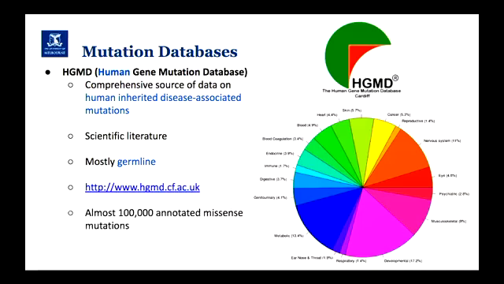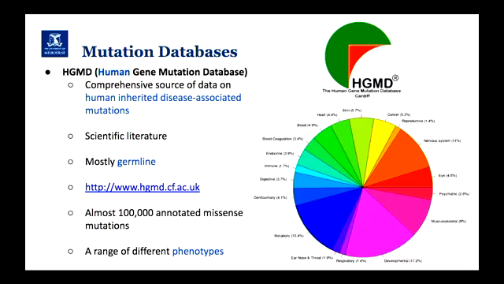And to this date, it has over 100,000 annotated missense mutations. So, for instance, if someone is interested in developing a new method to understand a specific inherited mutation, let's say you're interested in a metabolic disease, you can go to OMIM and select a subset of mutations that are associated with that specific disease.